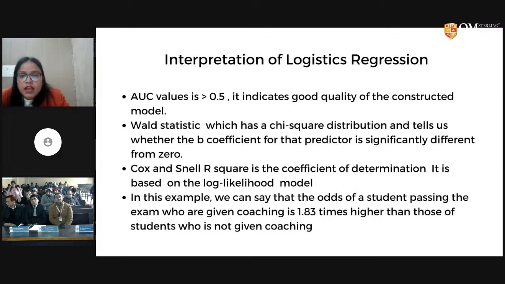The coefficient of determination also differs. In multiple regression, we have adjusted R square or R square, whereas in logistic regression, we have the Cox and Snell R square method, which is based on the log likelihood model. Next slide.